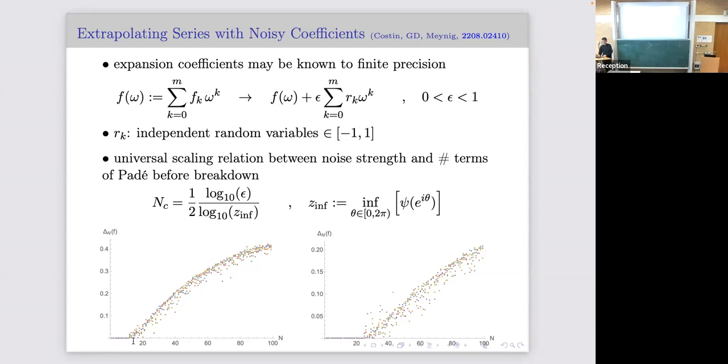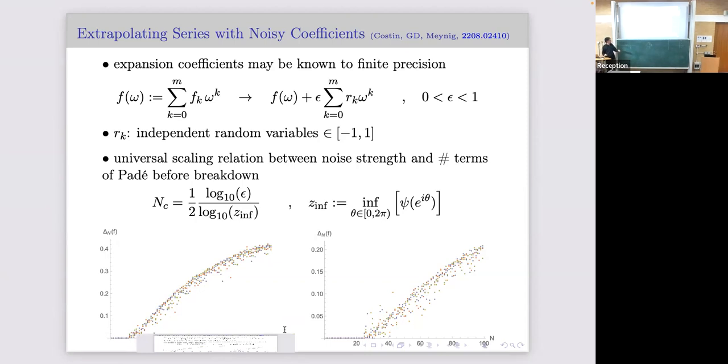So at a certain point, you go through a phase transition as you increase n, the number of terms you have to deal with. And this is a measure of the deviation from the exact function to the noisy function. You can test this on certain classes of functions. And you see what happens is the error, the deviation, is essentially zero, exponentially small, until you hit a certain critical n.